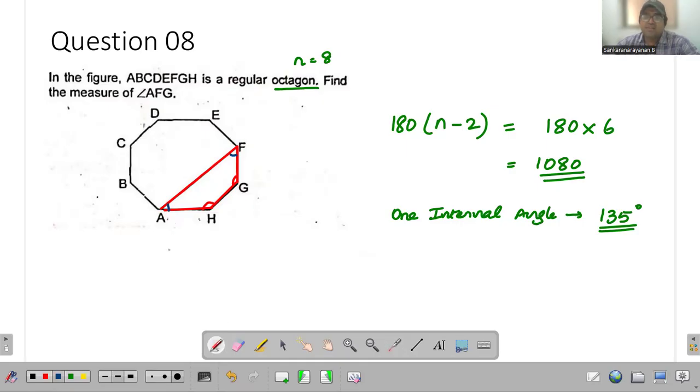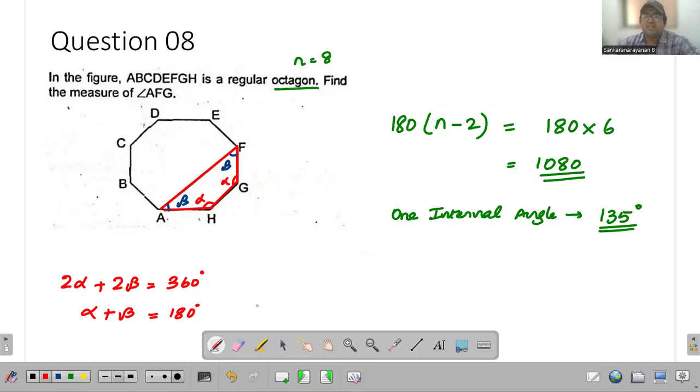So if I consider this value as beta, and this value as alpha, can't we see that 2 alpha plus 2 beta, the total, should be equal to 360 degrees? Or alpha plus beta has to be 360 upon 2, that is 180 degrees, right?